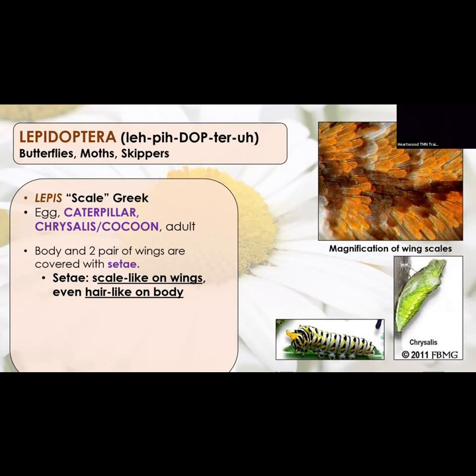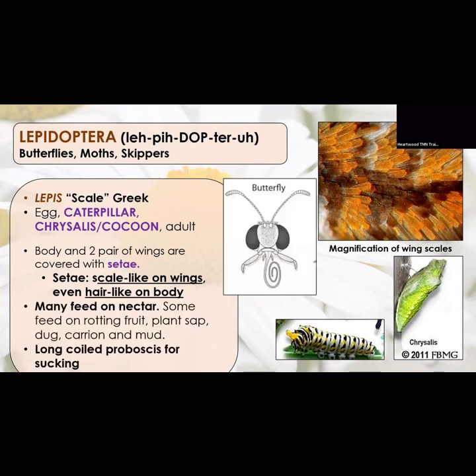Once those scales get knocked off, they don't come back. That's what their coloration is. It's actually a bunch of tiny hairs and scales that make it. And that's also why their coloration will last a lot longer than some other insects that lose their color, because their color is based on being alive, and that's not the case for butterflies.